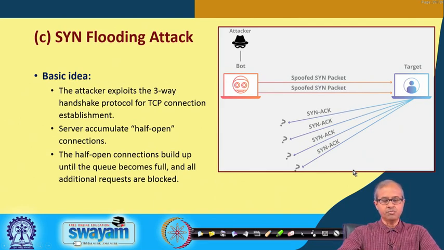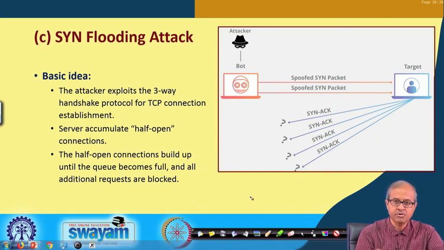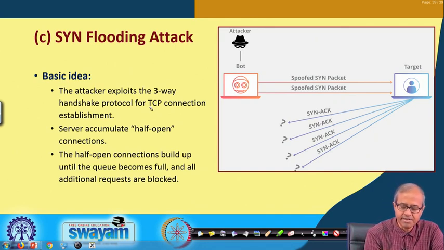Now, let us come to SYN flooding, which we briefly mentioned earlier. In the SYN flooding attack, what we really do is try to exploit some weaknesses in the TCP connection establishment protocol.